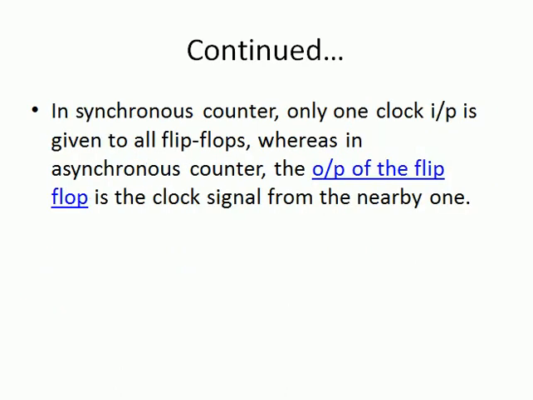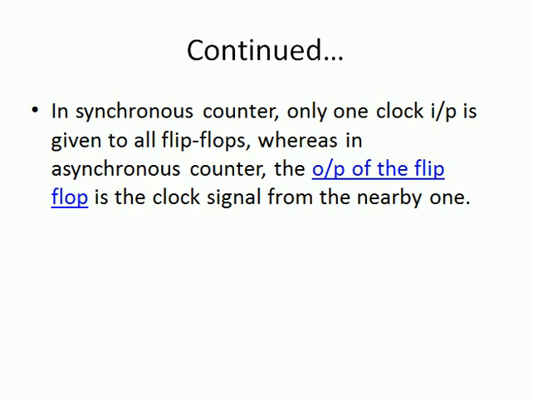In synchronous counters, only one clock input is given to all the flip-flops, whereas in an asynchronous counter, the output of the flip-flop is the clock signal for the nearby one. It means that we apply the clock pulse to the first flip-flop, and then the output of the first flip-flop will be the clock pulse of the second flip-flop.